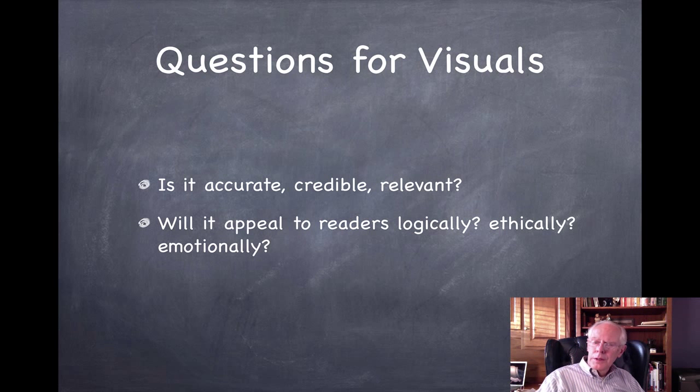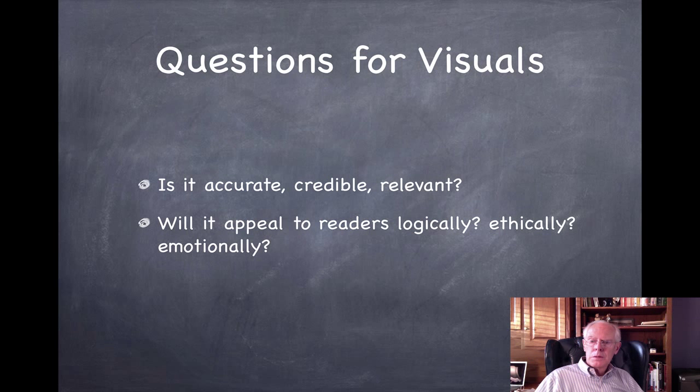And then consider whether it appeals on these three bases. Okay? One or more of these might be the appeal of your visuals, but consider what it's doing. How are your readers reacting to it? Is it presenting something in a logical fashion? Is it supporting a logical argument? One thing leads to another, and therefore this conclusion can be drawn. Is it ethical?